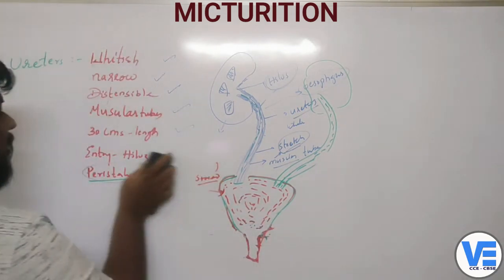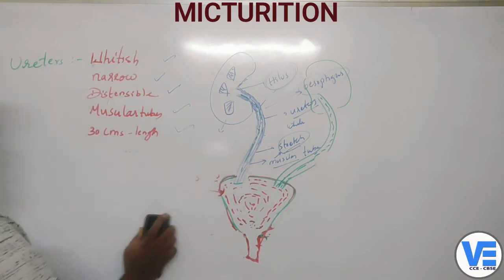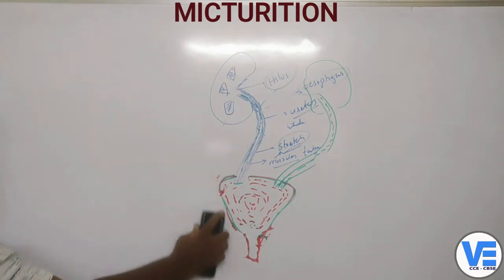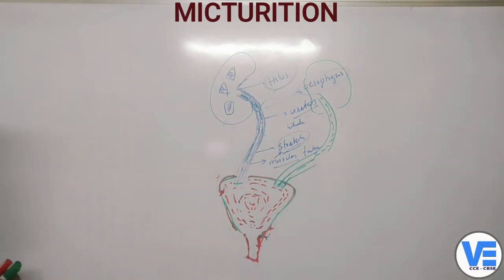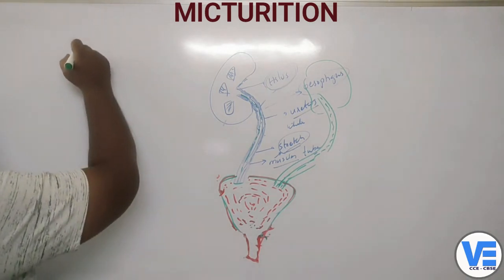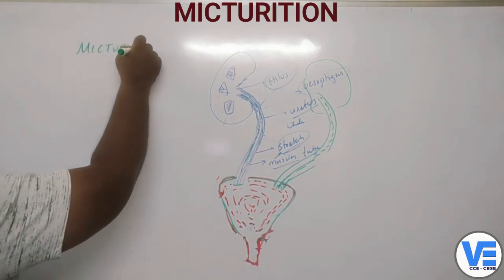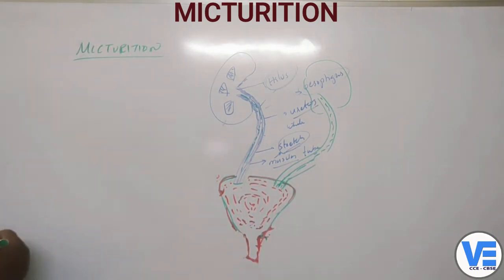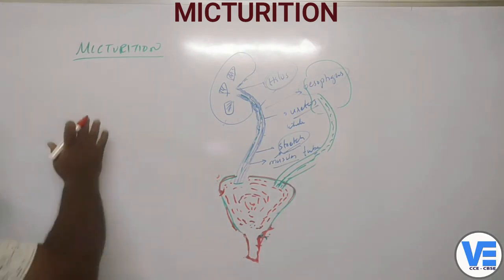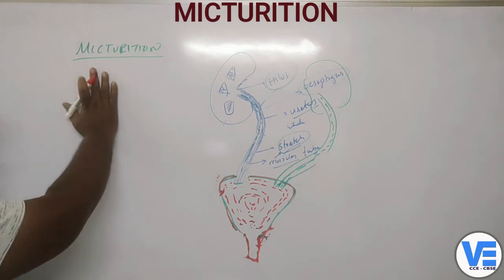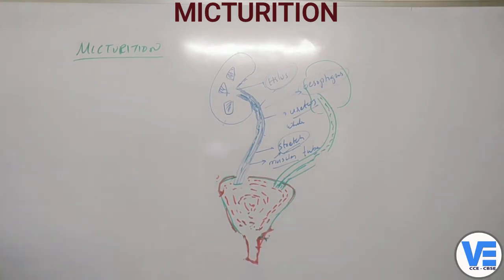Now we'll come to the next topic, which is called micturition. That is the new part we are going to study here, and we'll understand what micturition is all about.